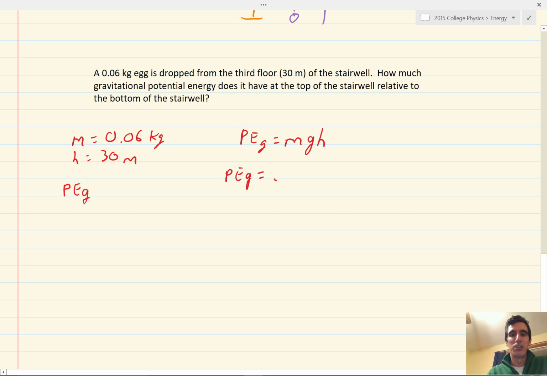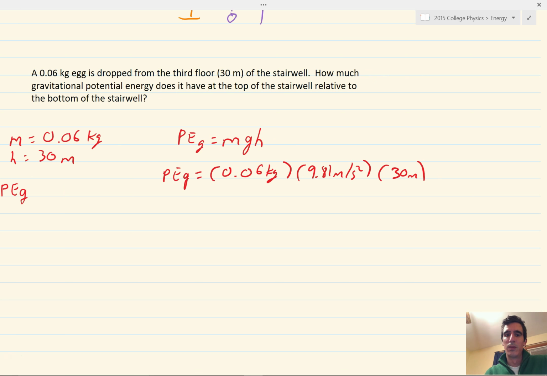So the potential energy, just plug and chug, 0.06 kilograms times 9.81 meters per second squared times 30 meters. And we get for our potential energy 17.7 joules.